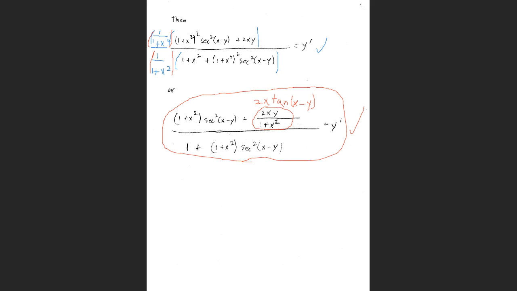Did anybody submit the solution that way, and it counted it as correct? Did anybody have their answer exactly as I've written it, with the term 2xy over 1 plus x squared? And then WebAssign took that answer. It should have.